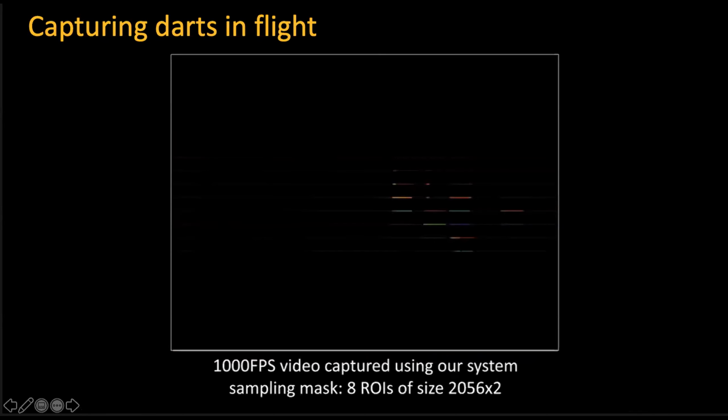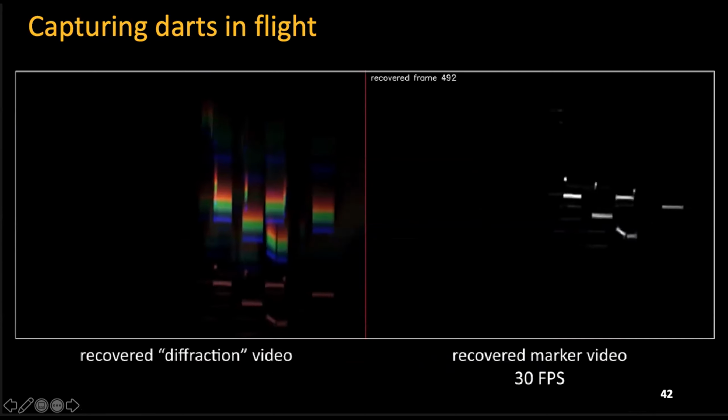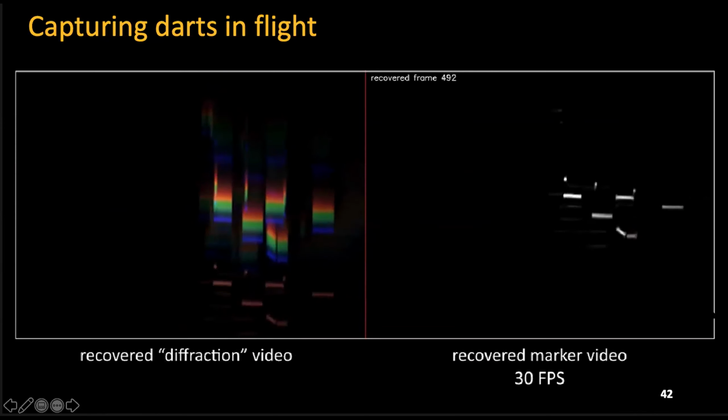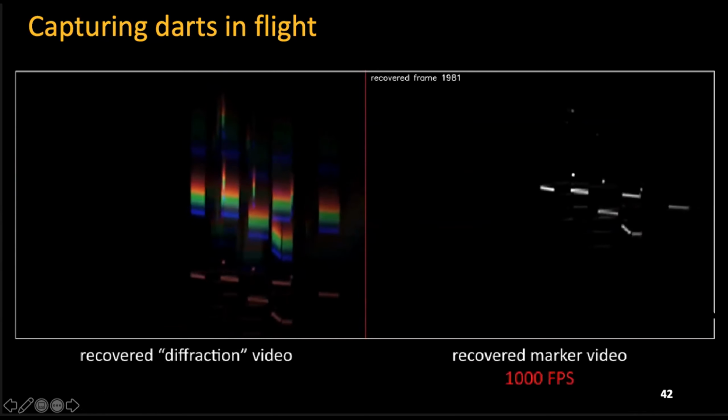That captures a video, and then you decode that video to produce the 2D video that you see on the right here. Because we can do high speed from just 30 frames per second videos, now this is a 1,000 frames per second video.